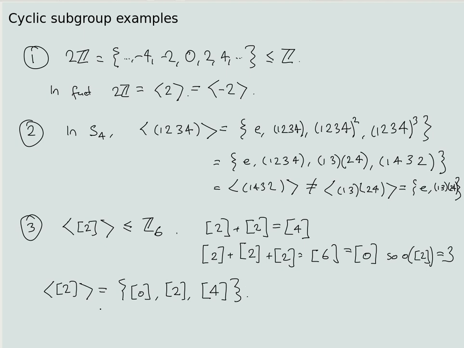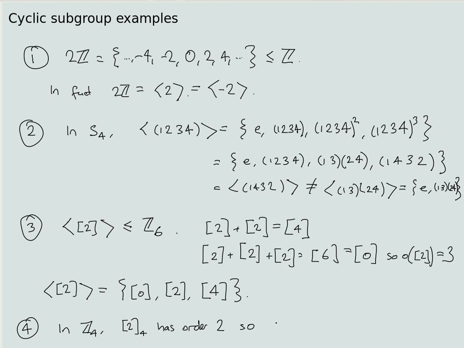On the other hand, let's have one more example, just to make the point that it really matters whether you're working in the integers mod 6 or in the integers mod 4, or the integers mod 8, whatever. So in Z4, you should check that the class of 2, and I'm going to write subscript 4s here to remind ourselves that now we're working modulo 4, has order 2, not 3.